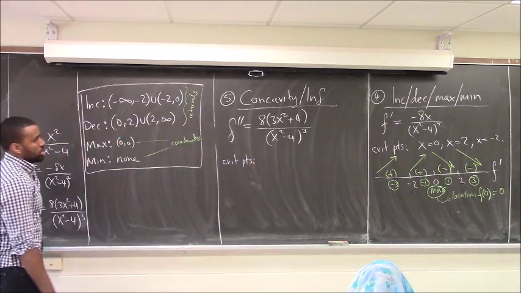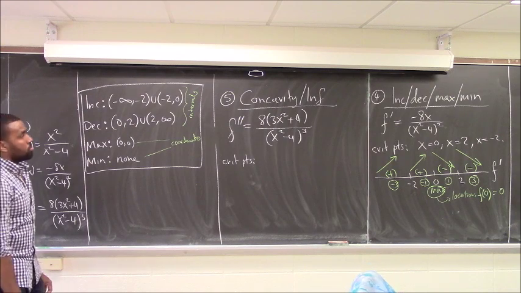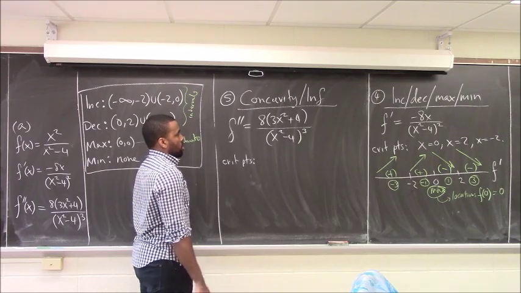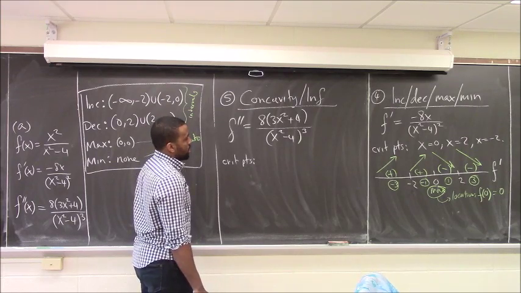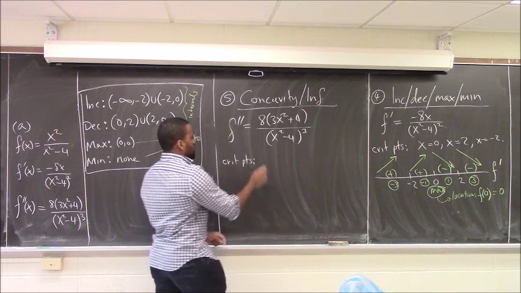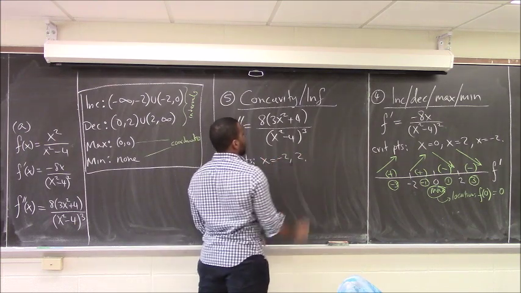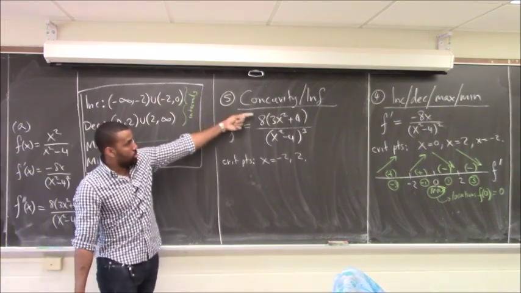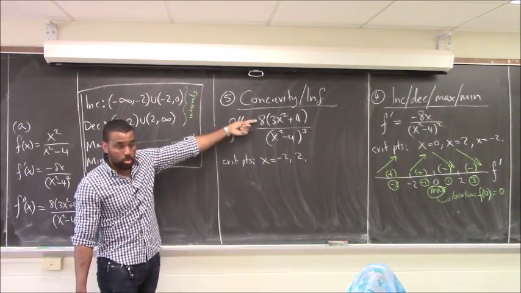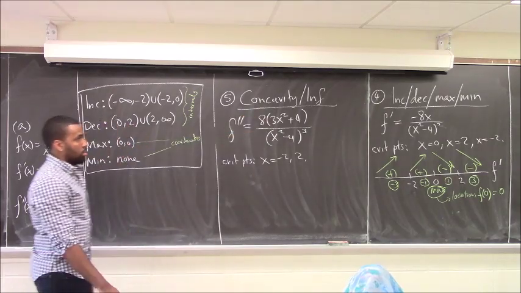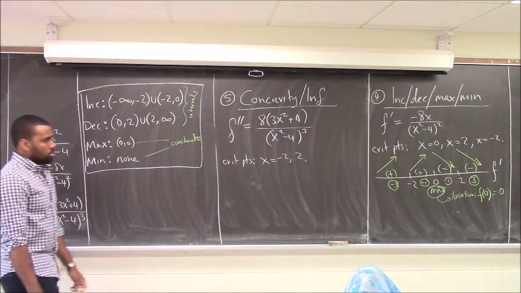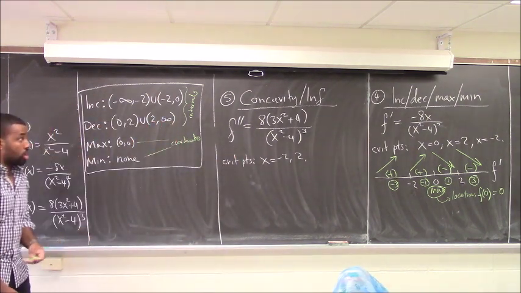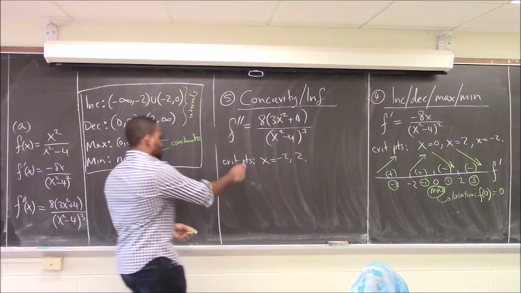What are the critical points of this function? So we set it equal to 0 or undefined. It's clearly undefined at -2 and 2, but it's never 0, right? A fraction is only 0 if the numerator is 0, and you will notice that this numerator is always positive. This numerator is always 32 or larger, so it's never going to be 0. So those are the only two critical points.